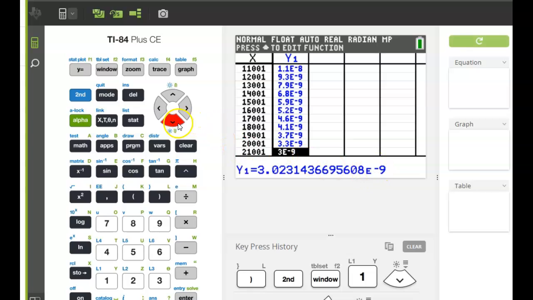Well, if we keep growing and growing and growing, we're going to keep adding decimal spots. So the number isn't ever going to turn negative, but it's going to get closer and closer to basically being 0. So this is kind of tricky. If you use your calculator, you have to know how to read your table.